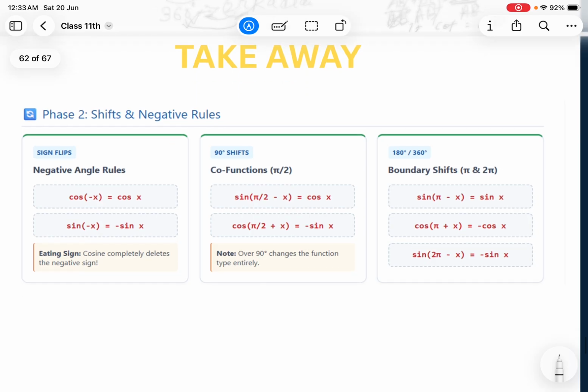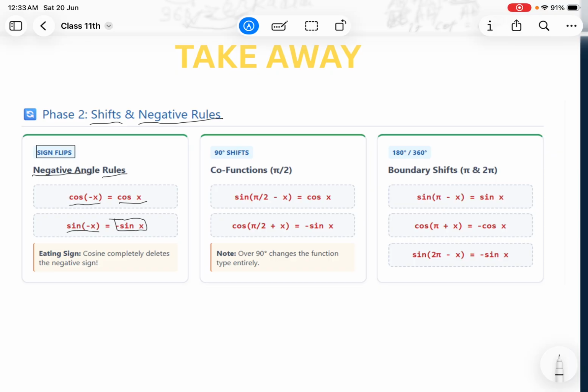Next, phase 2. Here we understood shifts and negative rules. First of all, the sign flip, the negative angle rules. If we have cos minus x, it will be cos x, and if we have sine minus x, it will be minus sine x.